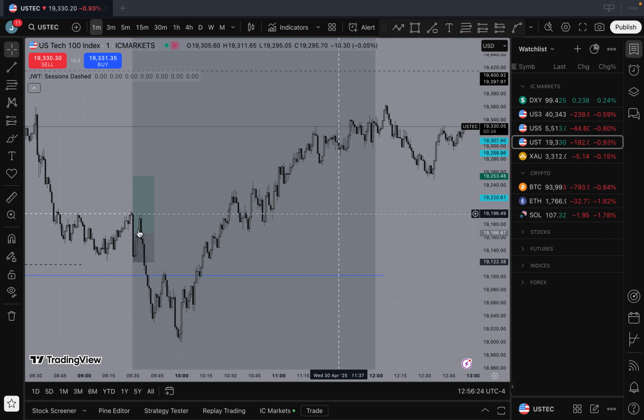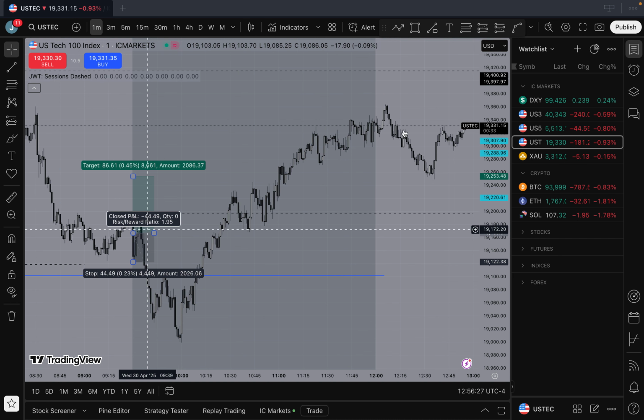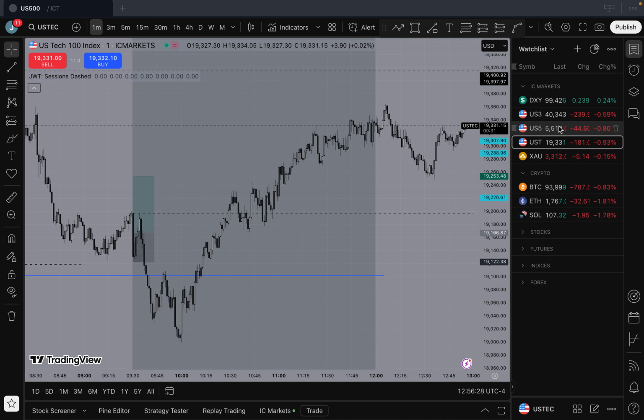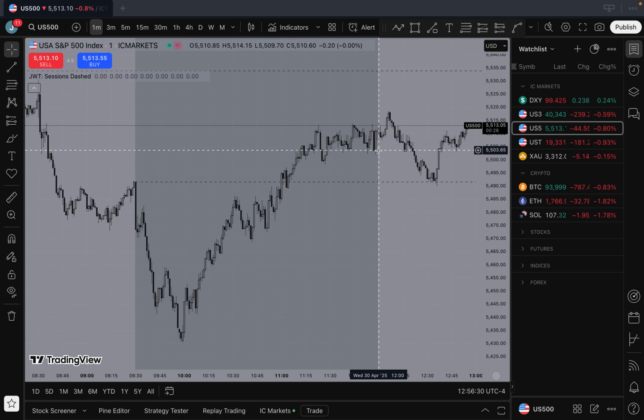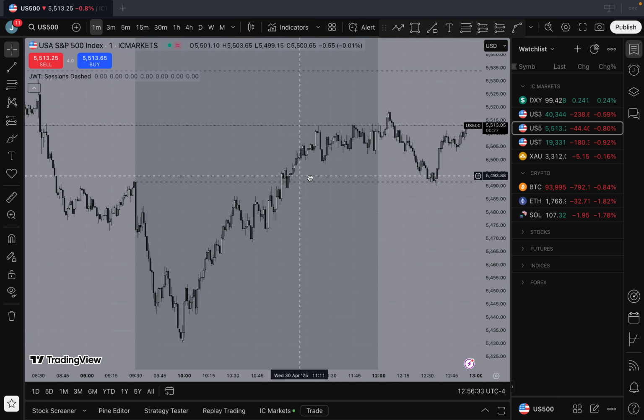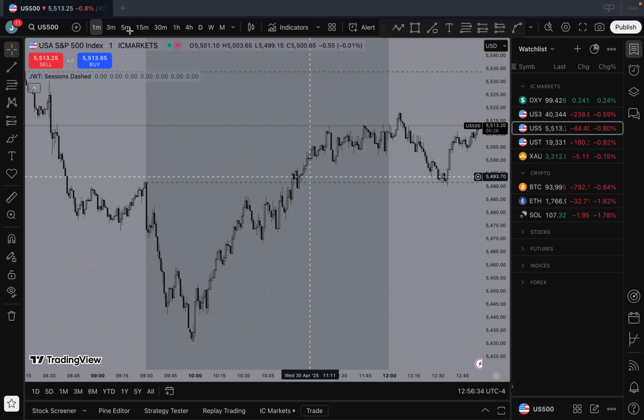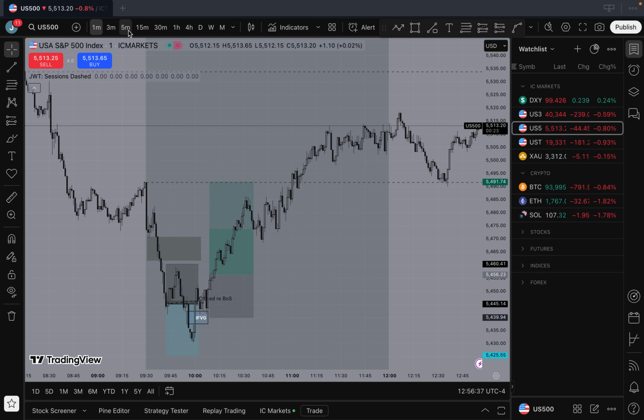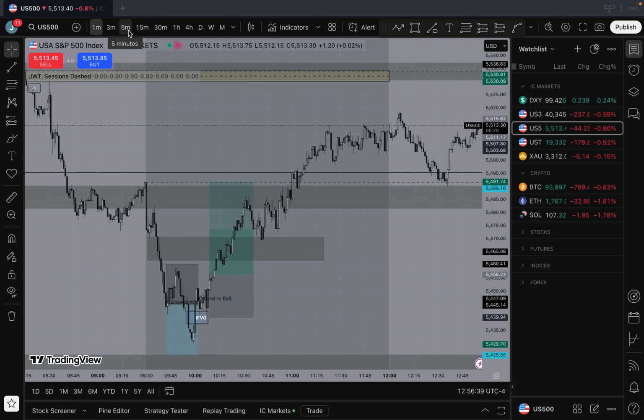Also, for further context on this, I'm not really sure why I went for NASDAQ instead of S&P, where I'd done the majority of my analysis. So my entry in the NASDAQ one is here, so the retracement was that.